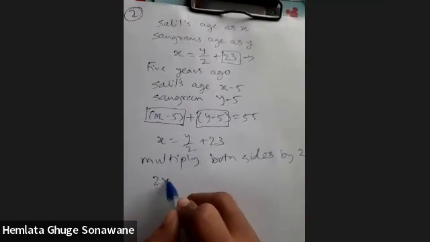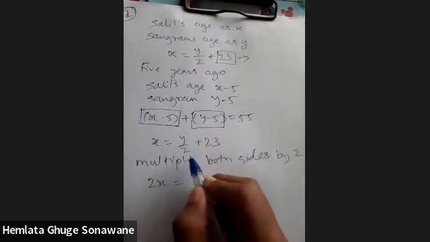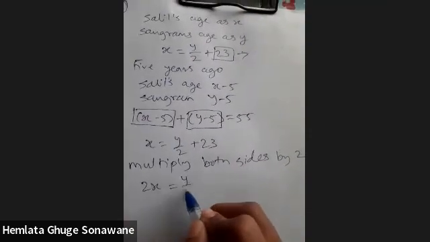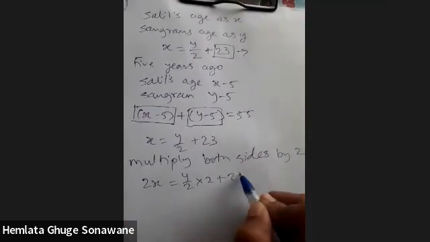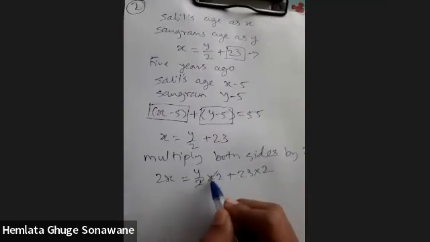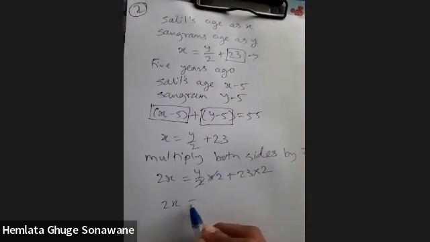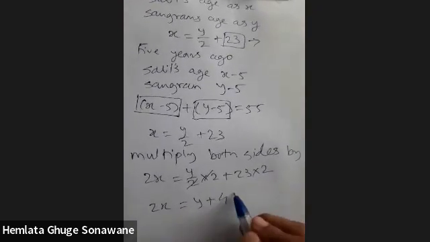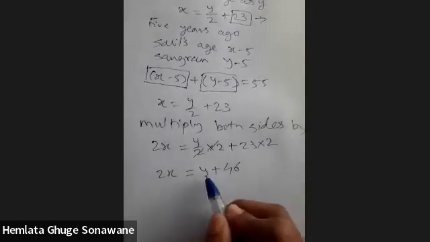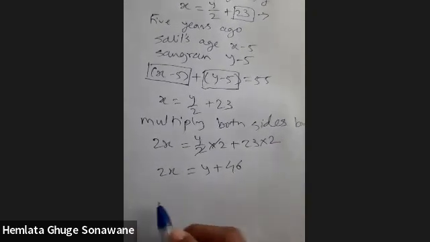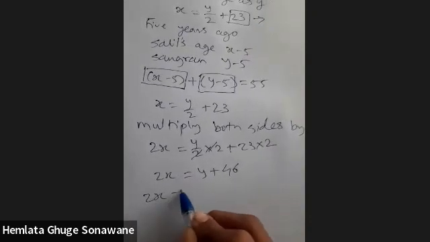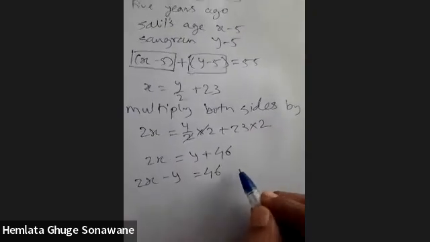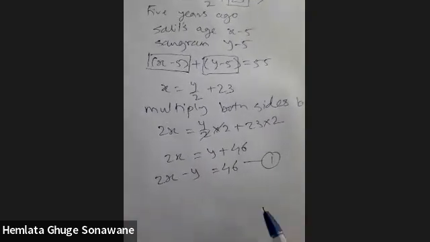So it becomes 2x is equal to y upon 2 into 2, so 2 gets cancelled, plus 23 into 2, which is 46. So 2x is equal to y plus 46. This plus y becomes minus towards the left hand side. So 2x minus y is equal to 46. This is our equation number 1.